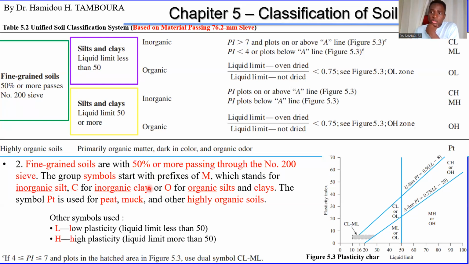C is for clay, inorganic clay. O is for organic silt or clay. And this one, PT, is for peat and other highly organic soil. Okay, when the organic matter is too high in the soil, just call it PT.